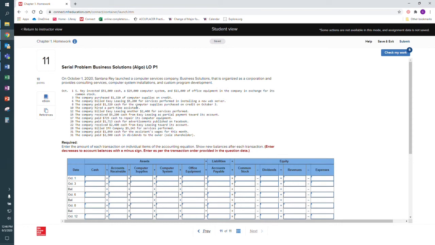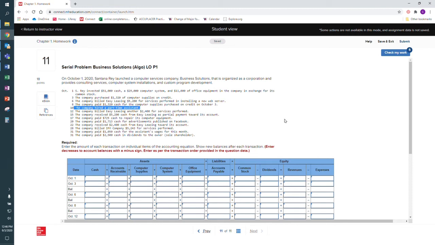Okay, so on this one we're going to do the same thing, and I just wanted to point out here that on October 10th, this company hires a part-time assistant. So this one's a little bit of a trick question for you. Hiring an assistant does not mean that we have an accounting transaction.